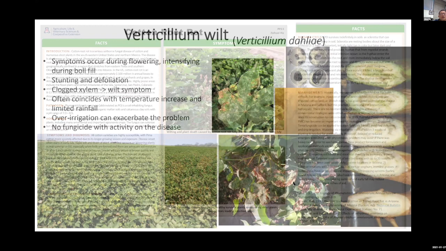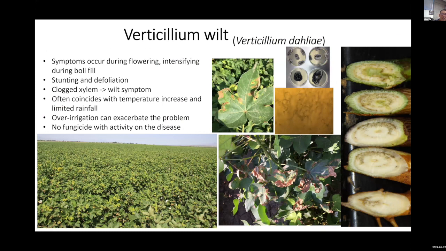Verticillium wilt is caused by a soil-borne fungus called Verticillium dahliae. Normally, you will see symptom expression during flowering. It intensifies during boll fill, and later in the season you may see some stunting and a lot of defoliation.